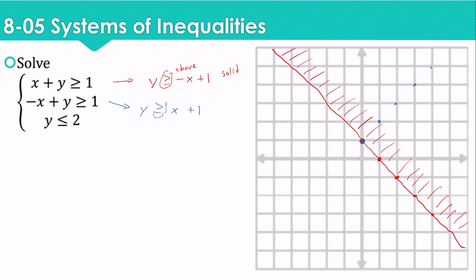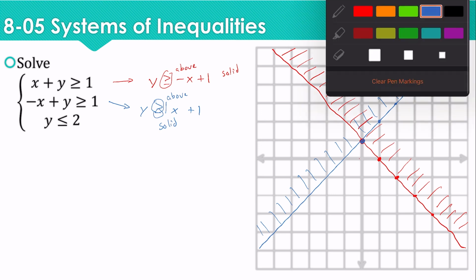It has the equal to, so it is solid. And it's greater than, so we're shading above. So put little marks above my line to show that we're shading up there.